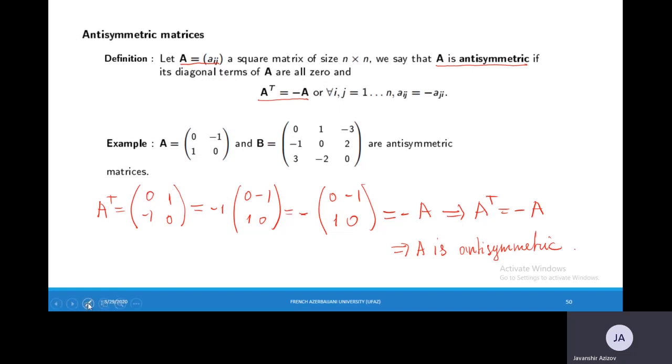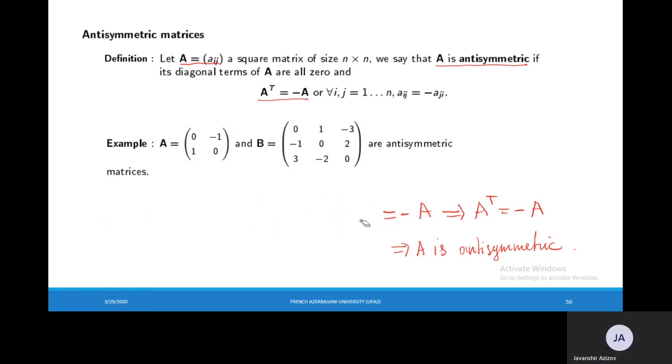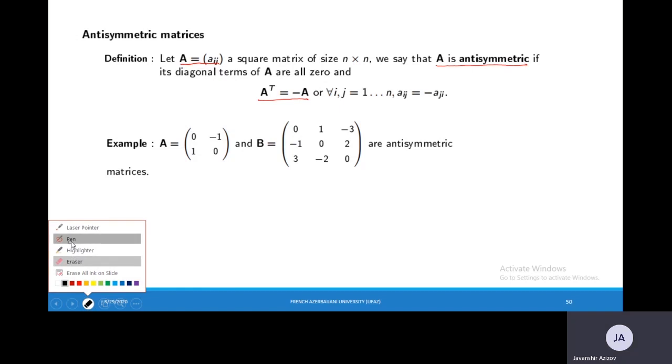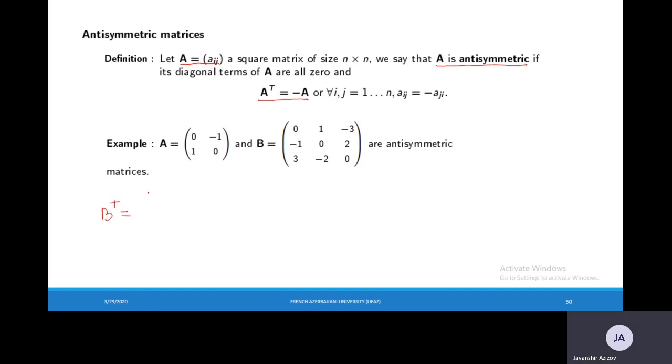Let's look at the matrix B. We find the transpose of B. This is, we take the first row as the first column, 0, 1, minus 3, second row as the second column, minus 1, 0, 2, third row as the third column, 3, minus 2, 0.